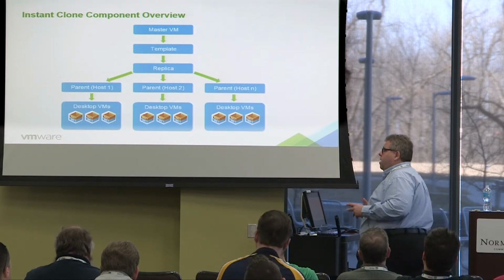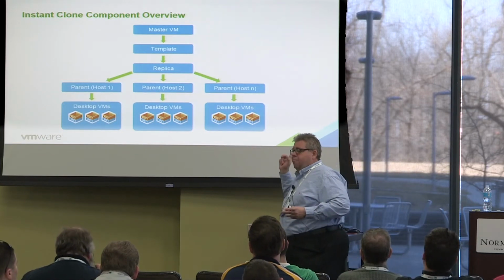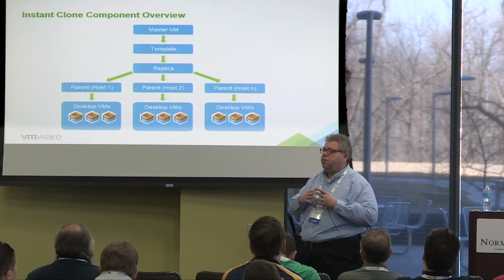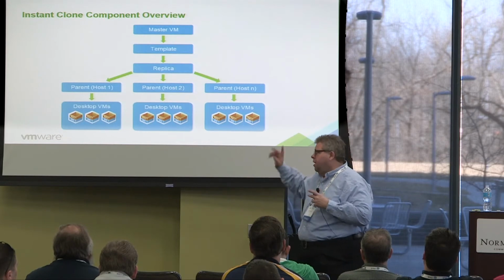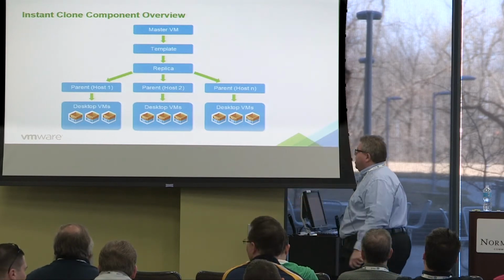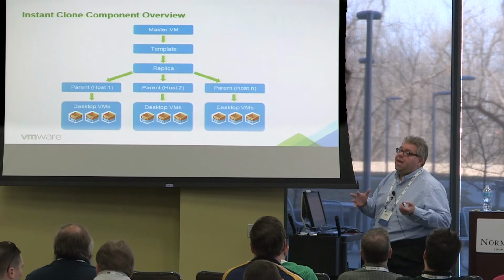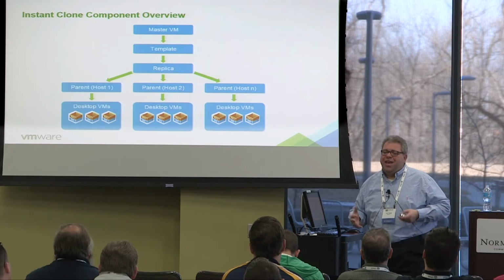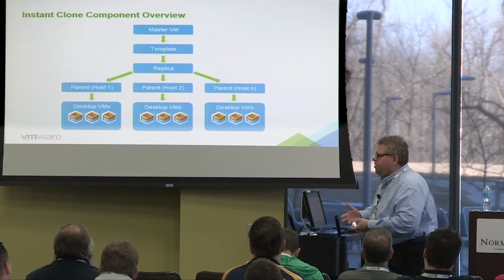From the template, we get a replica, which is my read-only disk. Then I fire up parent VMs on each host, and that's what is used to do the forking operation. So the new desktops get created off of those parent VMs. I'll go into this a little more in depth in a minute. But this is the hierarchy when you look at it, just so you understand what's going on in vCenter. It's really only going to be very important if you get into a troubleshooting situation, and also just to be smarter than the other guy when you're talking about it.